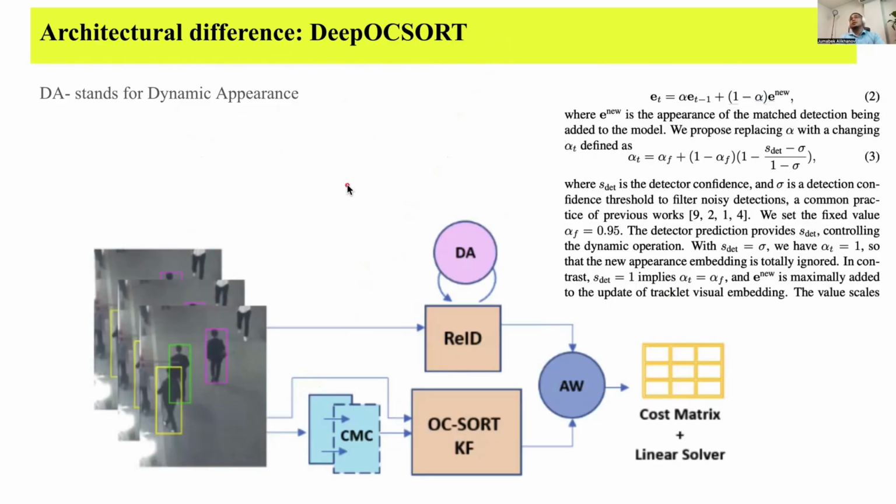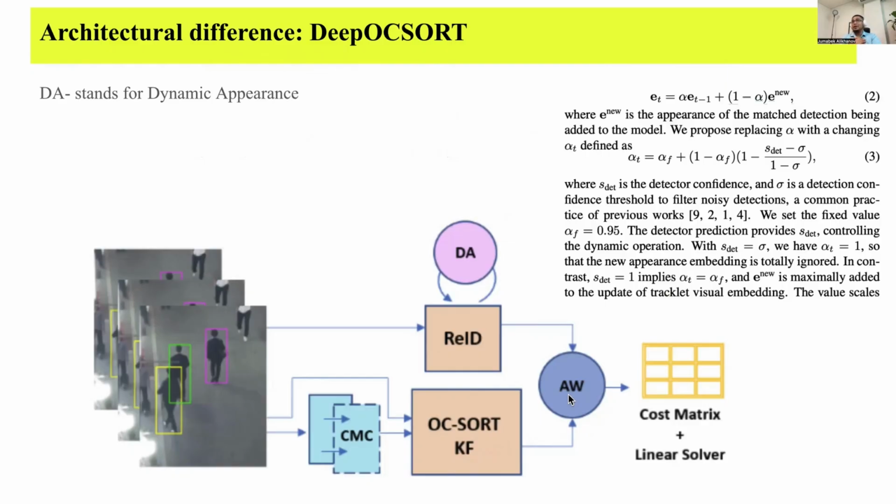Another example approach is Deep OC-SORT. First of all, they change how they handle the motion. They change some Kalman filter algorithms in order to make the motion tracking a little bit more stable. And they introduce adaptive weighting. When matching, we have to give different weight for different candidate tracks.